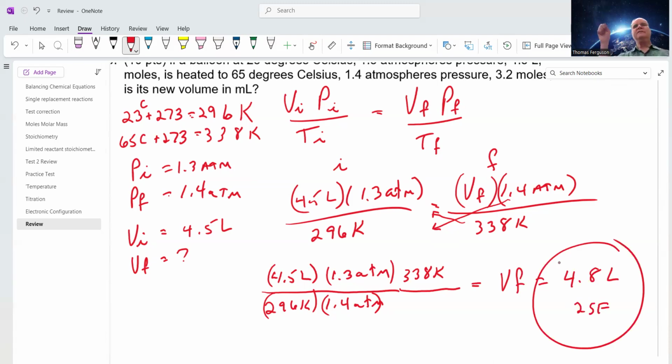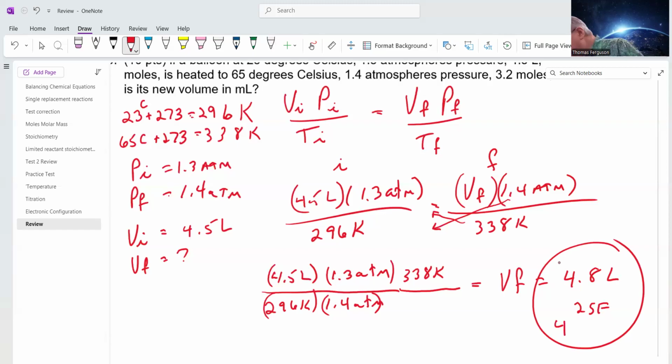Okay, so we have one of each problem tomorrow. One where conditions change. The other one is you're going to calculate a certain set of conditions. What's the volume? What are the decimals? Are we converting to the milliliters? Oh, yes, we are. I didn't read the problem very well, did I? Okay, so we're going to multiply by 1,000 to go to milliliters.